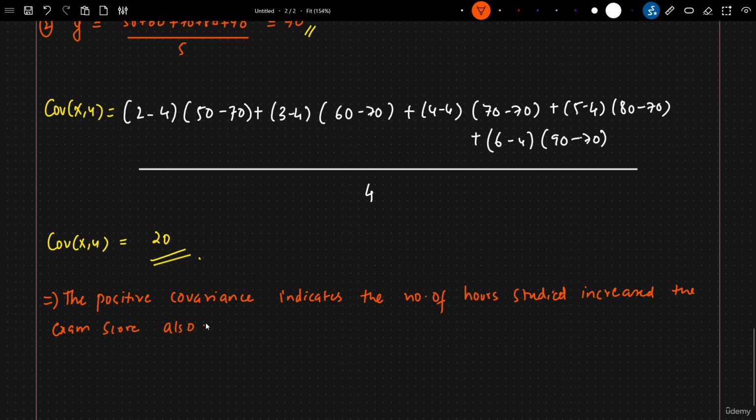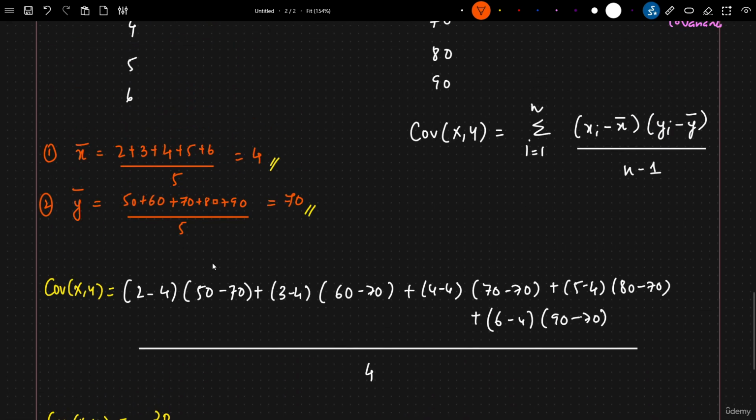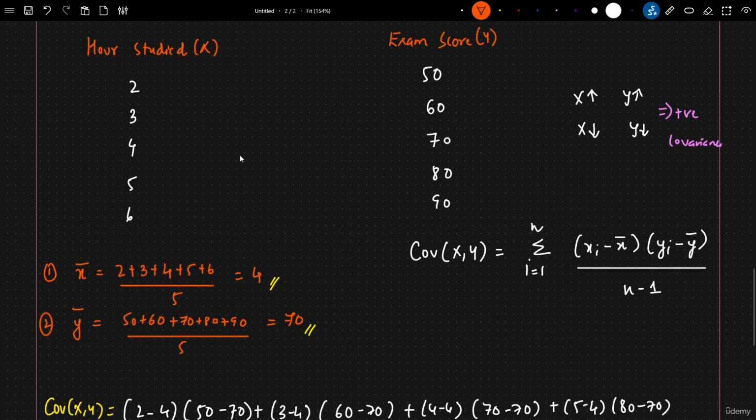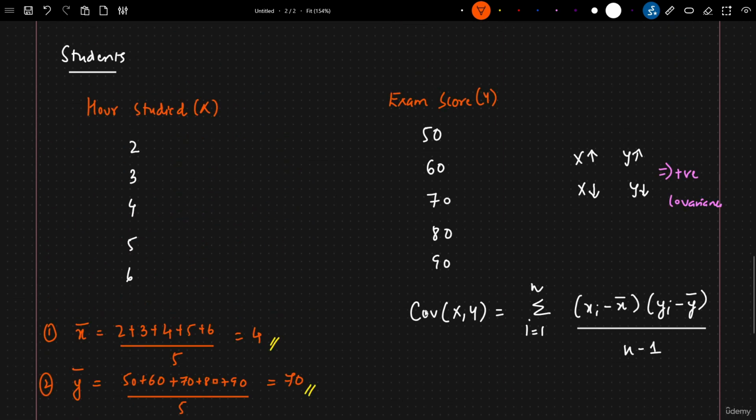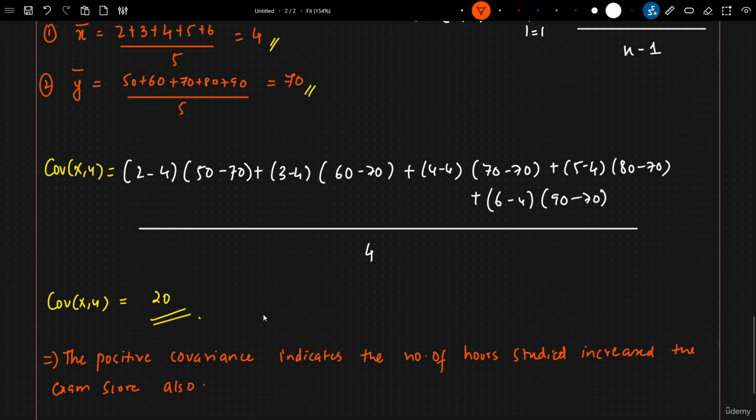Right? So this is true over here, definitely. And if I have some other kind of data, you just go ahead and calculate. You may also get a negative covariance. That basically means if your x is increasing, y is decreasing. If that kind of relationship is there, then you'll get a negative value. But here we got a positive value.